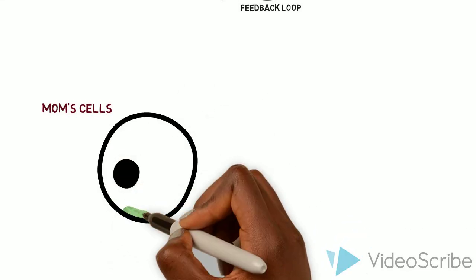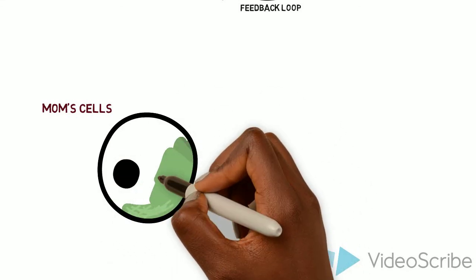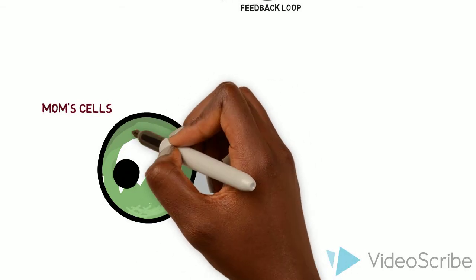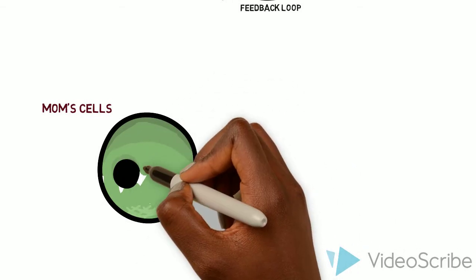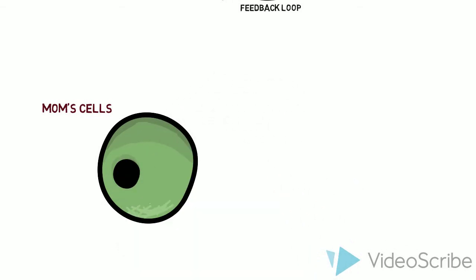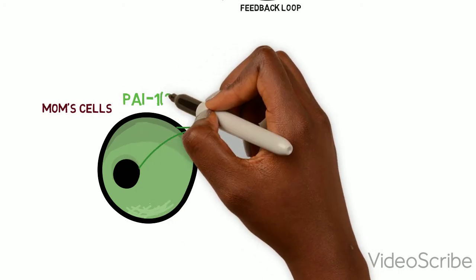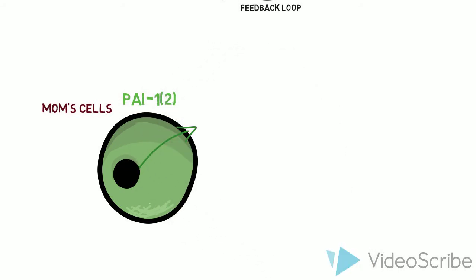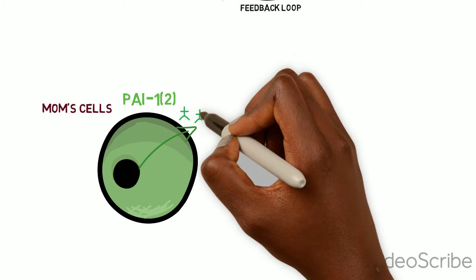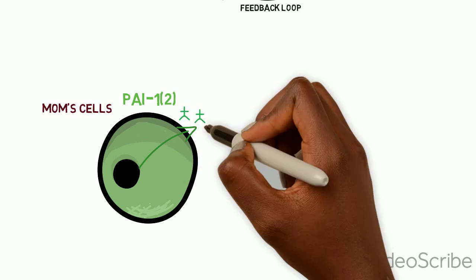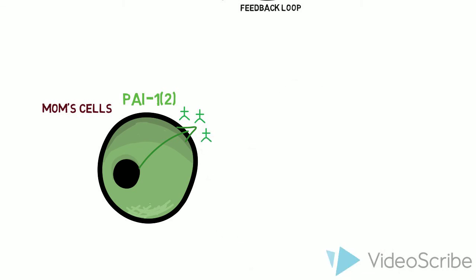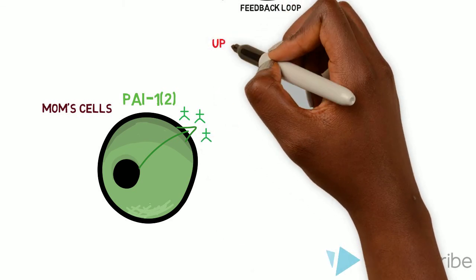So here, mom cells will be counteracting the invading blastocyst. Mom cells will secrete PAI 1 and 2. PAI, plasminogen activator inhibitor, is very important because we don't want the blastocyst to invade the endometrium further and further.